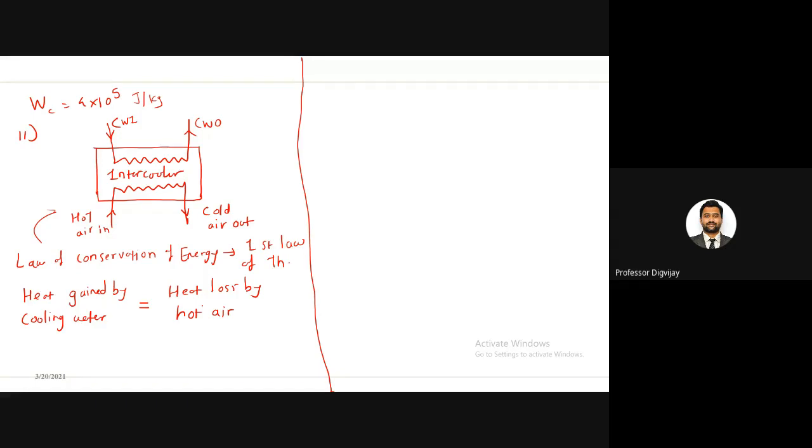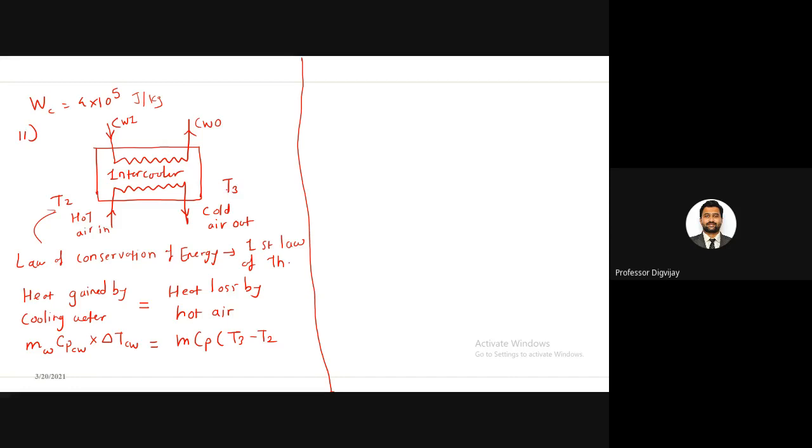Okay. Now what is the formula for this heat gain? That will be mCp delta T. So mass of water into its specific heat, Cp of cooling water, will be equal to mass flow rate of air into its specific heat into delta T. So delta T will be here T3 minus T2. This T2 is the temperature of air from the low pressure compressor.